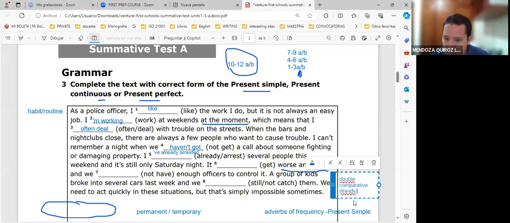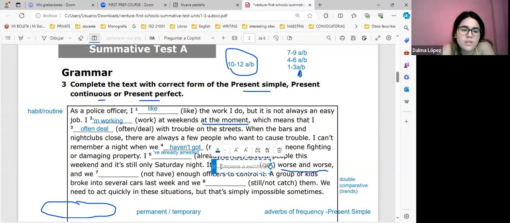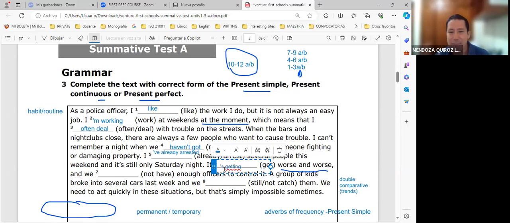Yeah? So for trends with the double comparative, you use the present continuous. So how would that be? It's getting. It's getting, no? It's getting worse and worse. And if you analyze the sound of this, no, it's getting worse and worse. It sounds pretty much like this.